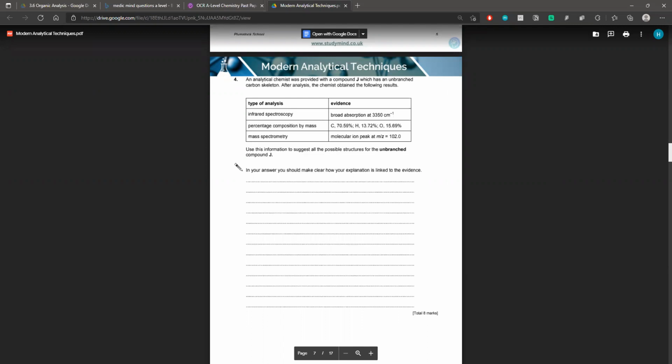Empirical formula. Perfect. Yep, that looks about right.